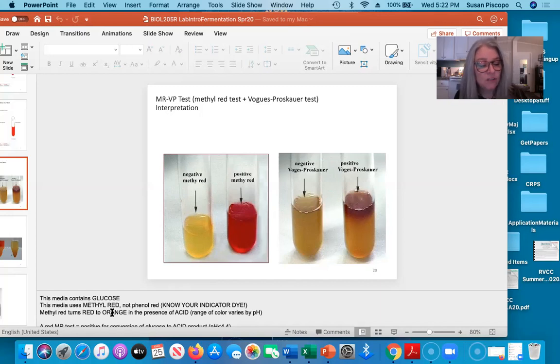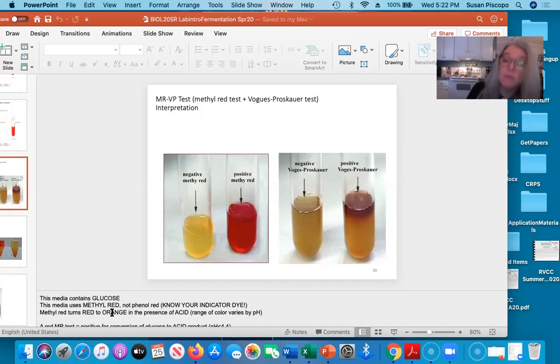Now, in figure B on page 119, they show us the two reagents that we have to add to the VP tube when it comes out of the incubator. We have to add a reagent called potassium hydroxide, that's the KOH, and we have to add a molecule called alpha naphthol.